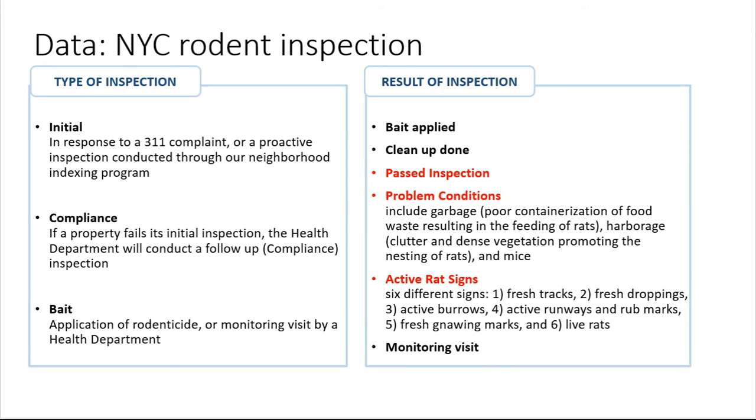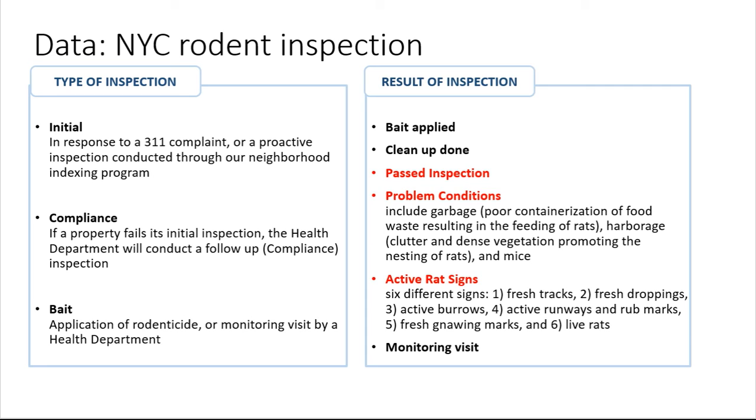So for the rodent inspection of NYC, we have two important variables. The first one is the type of inspection, which has three important categories. The first one is the initial, which is in response to a request or a proactive inspection. The second one is the compliance, which is the follow-up inspection for the initial inspection.